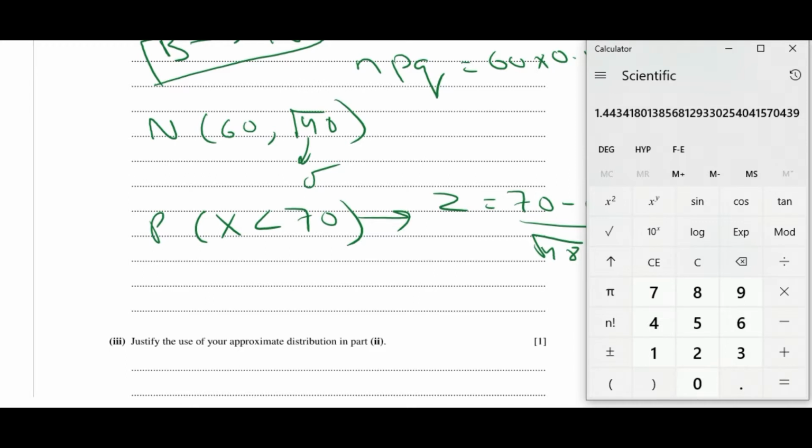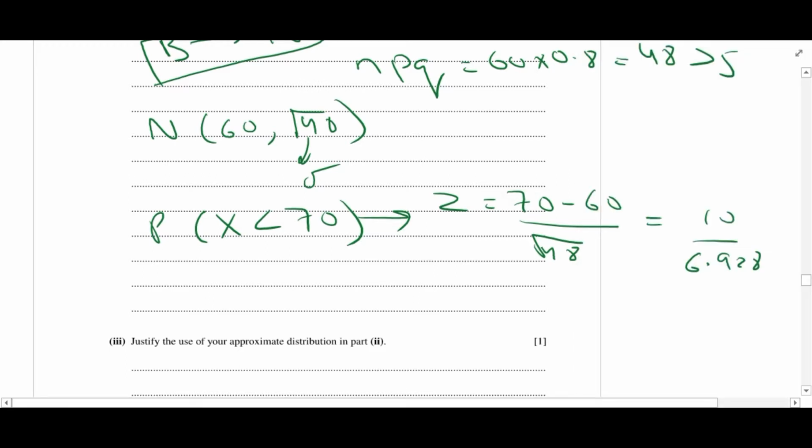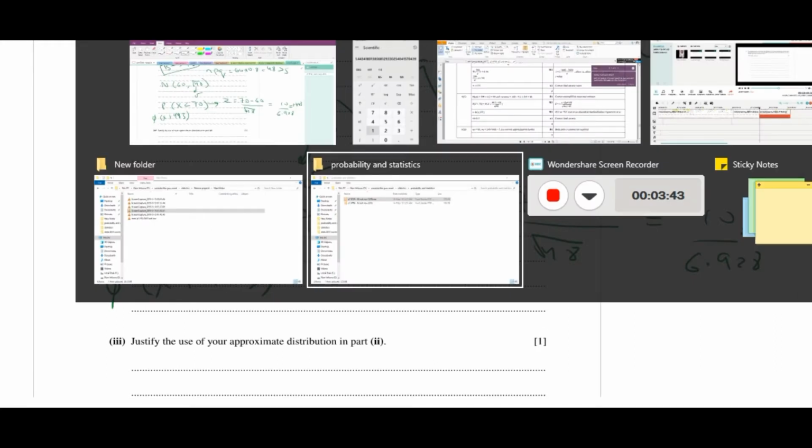Okay, let me do it again. 10 divided by 6.928 is 1.443. Now we have to find phi of x less than 1.443.